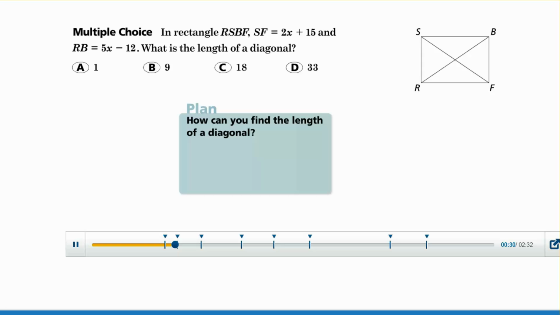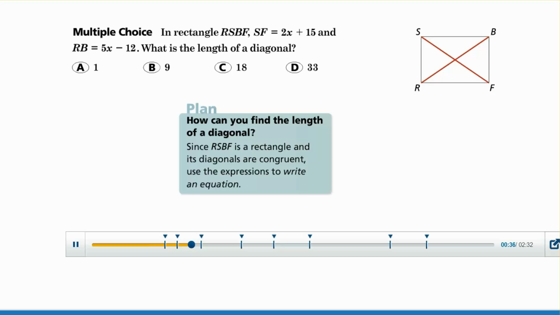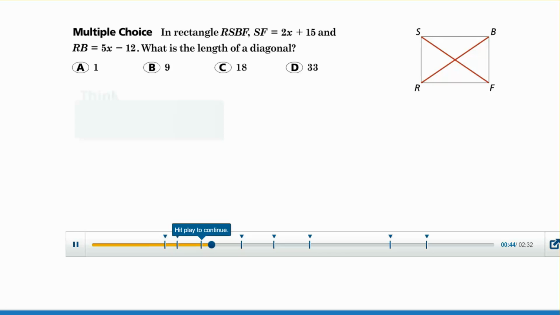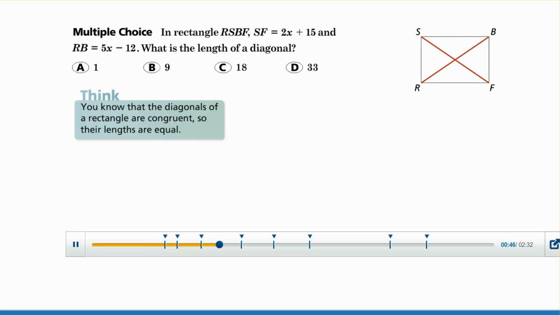How can you find the length of a diagonal? Since RSBF is a rectangle and its diagonals are congruent, use the expressions to write an equation. You know that the diagonals of the rectangle are congruent, so their lengths are equal. So the length of segment SF equals the length of segment RB.